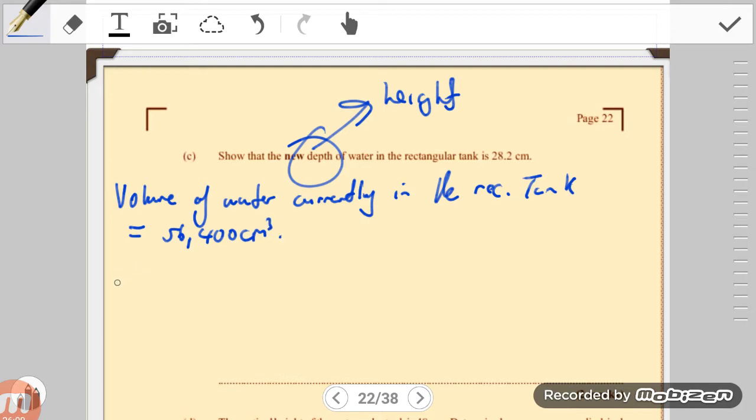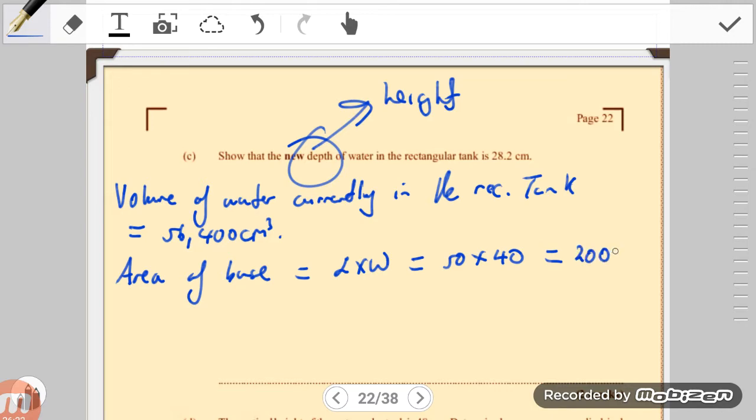And we know that the area of the base of the tank is equal to length times width, because the base is a rectangle, so that's 50 by 40, and that's equal to 2000. Very good. And because it's area, it's centimeter squared.